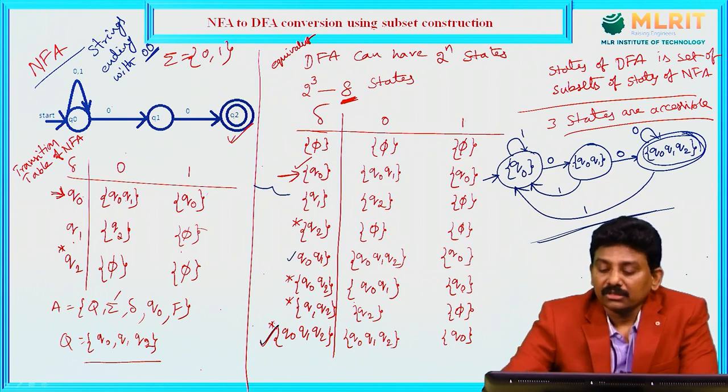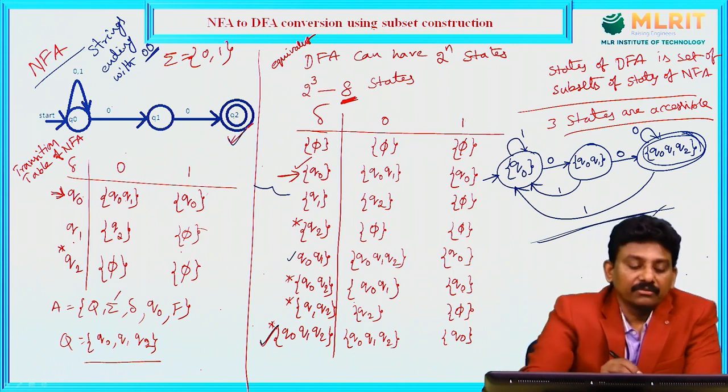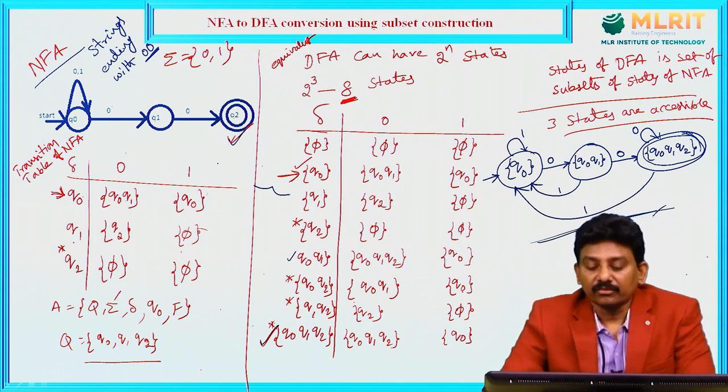See, Q0 on 0 going to Q0, Q1, Q0, Q1 on 0 going to Q2, that is Q0, Q1, Q2, that is a single state. From Q0, Q1, Q2 for input 0 going to same state. So, any string ending with 0 0 will be recognized by this DFA as well as NFA. So, given NFA and DFA both are equivalent.